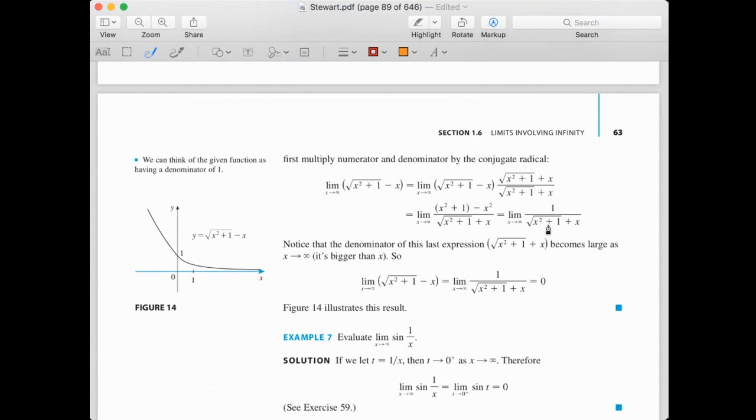Now we can apply the ignore rule. Once we get this part, we can apply the ignore rule. Ignore the lower terms, take the leading term. So the leading term of this denominator, from this part we get x. From this part we get x. So we get 1 over 2x. Then 1 over infinity goes to 0.